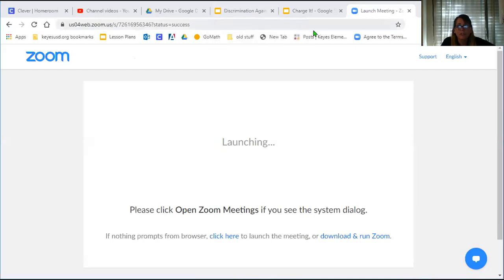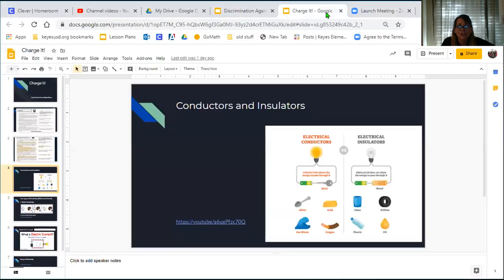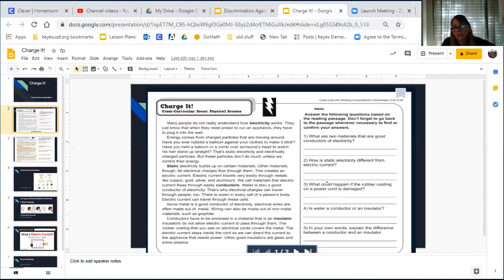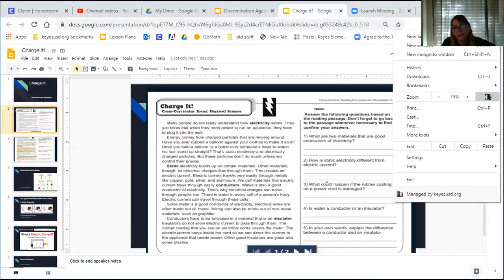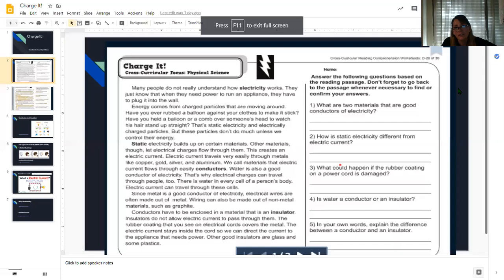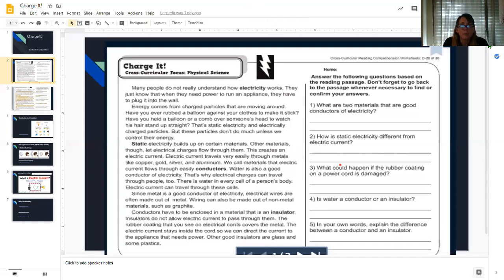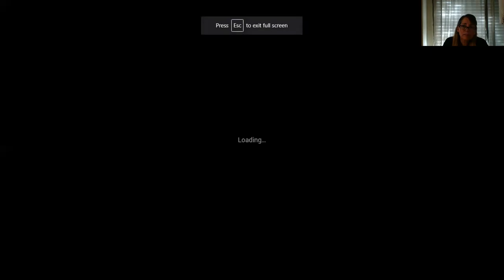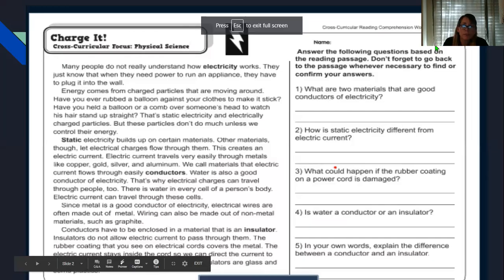Okay, I'm going to start with this one, the Charge It PowerPoint. I have to get it to presentation mode though. All these little clicks and things take a few seconds. I know my classes are used to me struggling with this in the classroom, so that's nothing new. Okay, so we're going to go to present, and here we go. This is the one we're going to be working on right now.